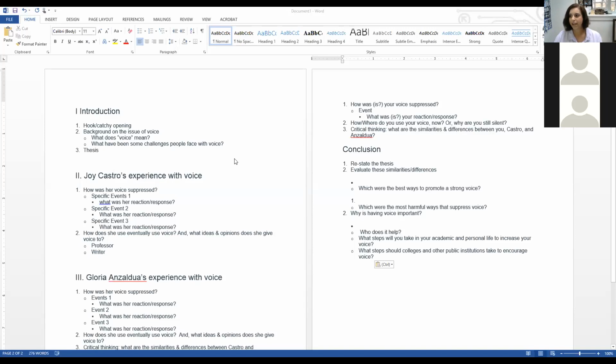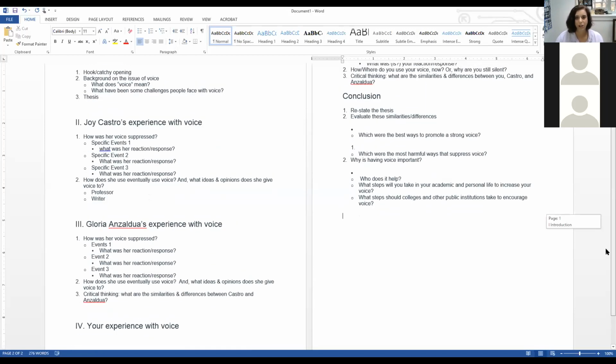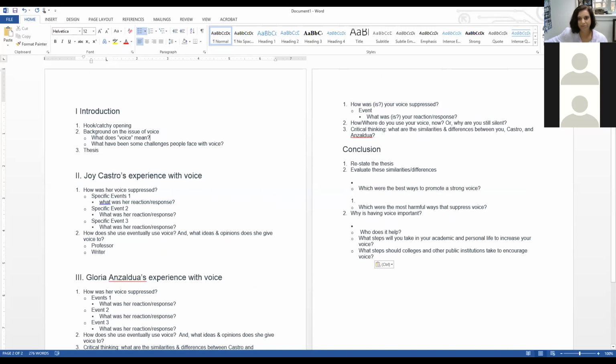This is the one. Okay, so hopefully you guys can see on your screen the actual outline. I'm going to just type some information on there. When it says, what does voice mean?